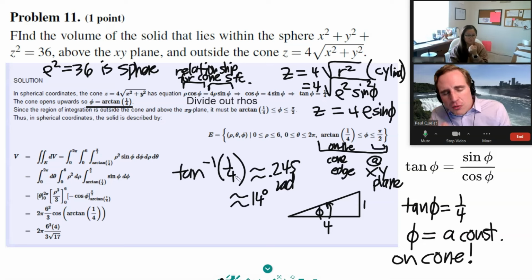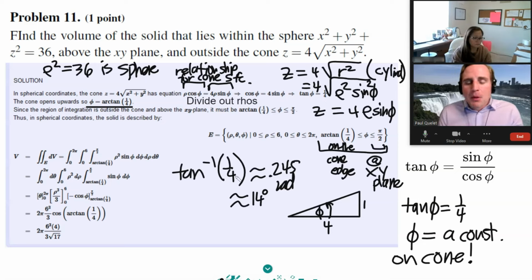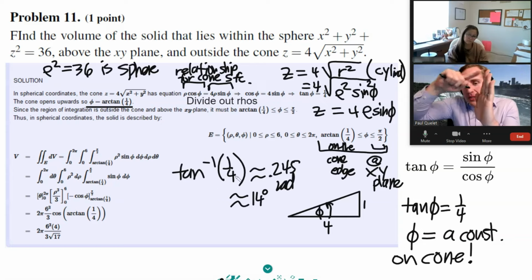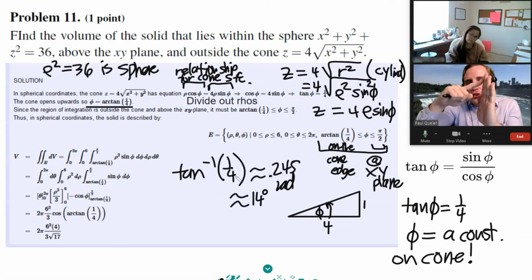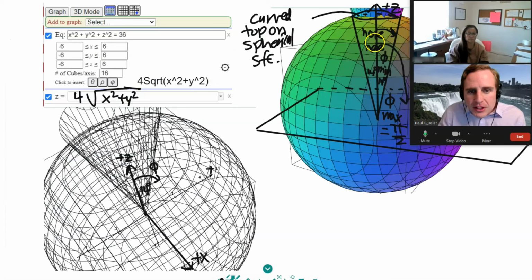The inverse tangent of 1 is pi over 4, which is 45 degrees, so this is a lot less than 45 degrees. So we got 14 degrees, but remember, we're measuring it from the z-axis down, so we're rotating in terms of a declination angle. Since we're rotating here, this right here is the phi min, so that's exactly 14 or so degrees.